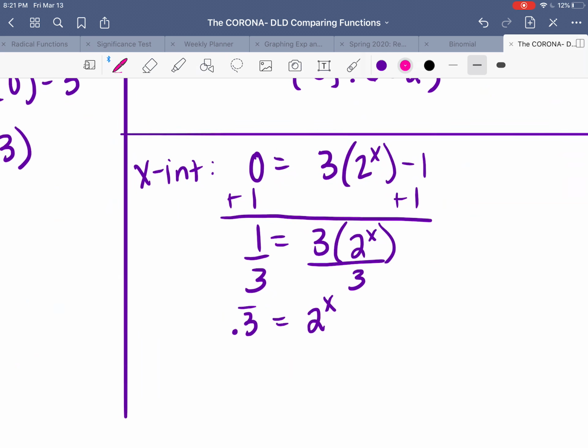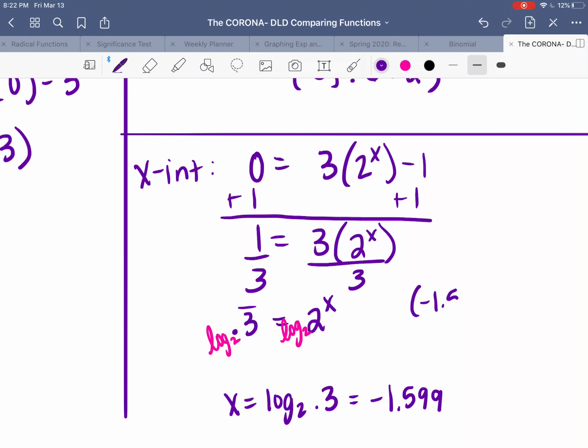Now, next thing we need to do is take log base 2 of both sides. So our x value is going to equal log base 2 of 0.3 repeating, which is -1.599. So our x-intercept would be (-1.599, 0).